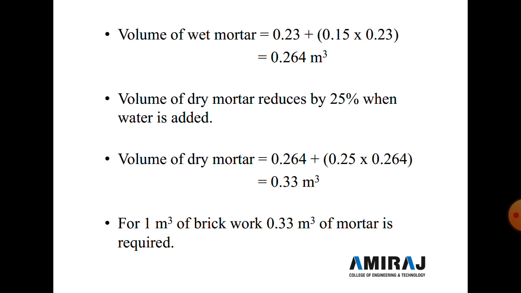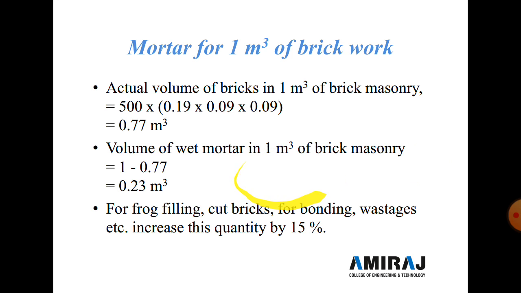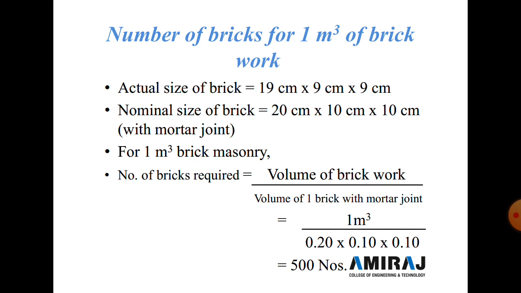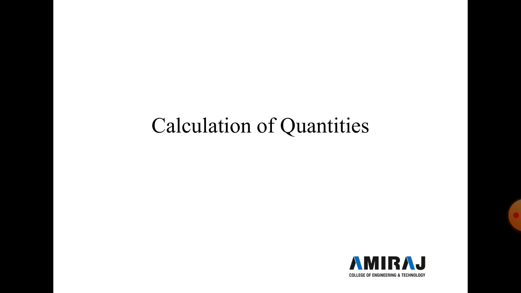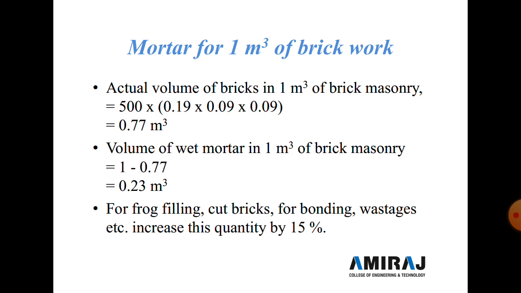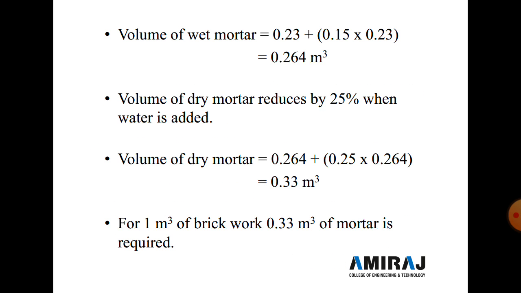Now we get total dry mortar of 0.33. Clear? So for 1 meter cube brickwork, 0.33 meter cube mortar is required. We easily calculated it by mathematical steps.